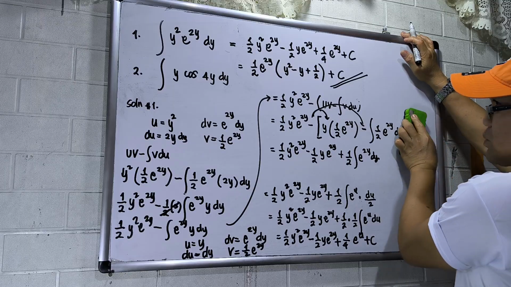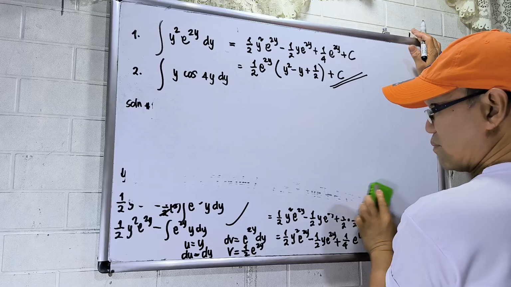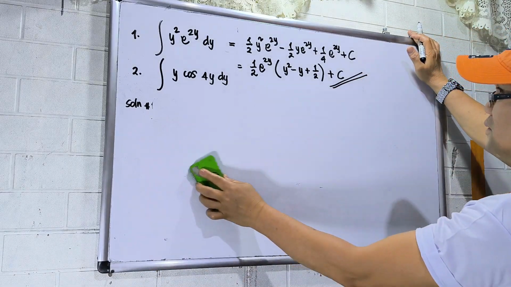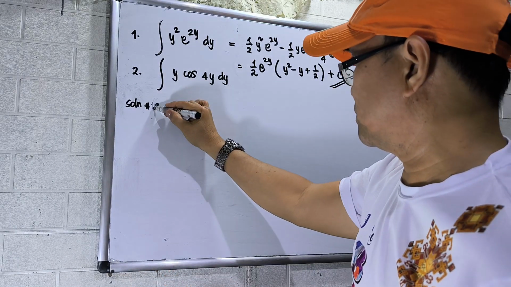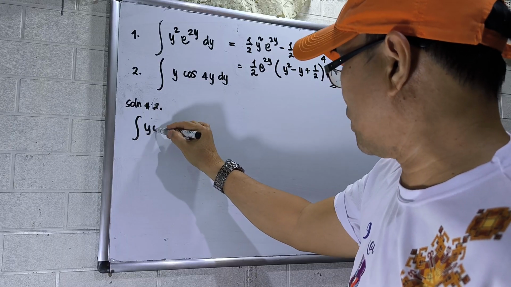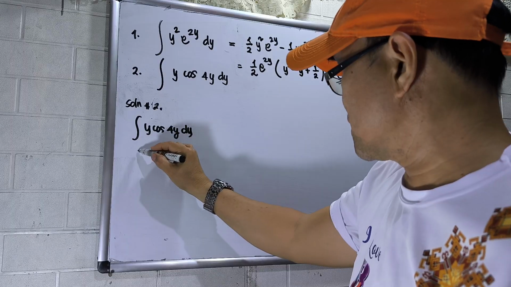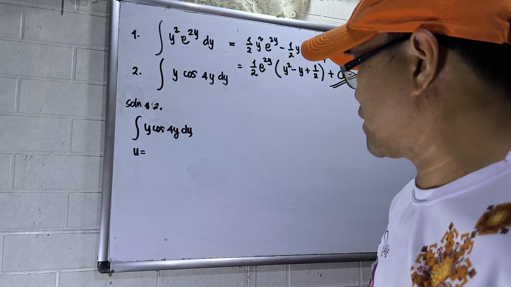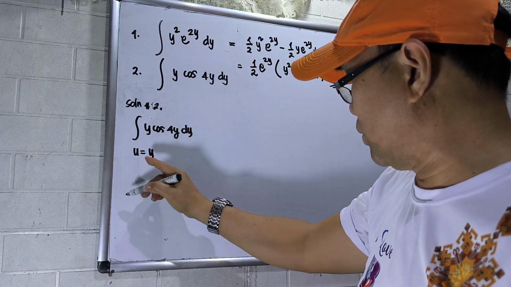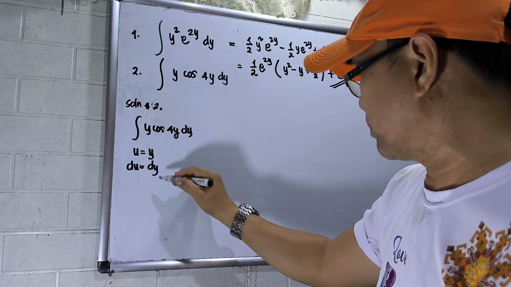Okay, allow me to erase this one for solution number 2. So I have integral of y cosine 4y dy. So this is integration by parts. So u will be y, and then du is dy.